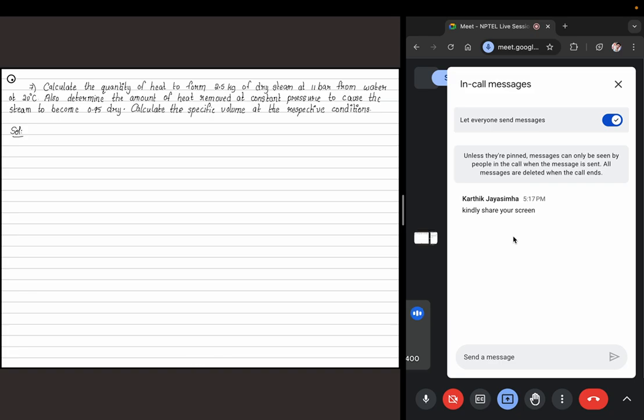Calculate the quantity of heat required to form 2.5 kg of dry steam at 11 bar from water at 20 degrees Celsius. Also determine the amount of heat removed at constant pressure to cause the steam to become 0.95 dry. Calculate the specific volume at each of the respective conditions.